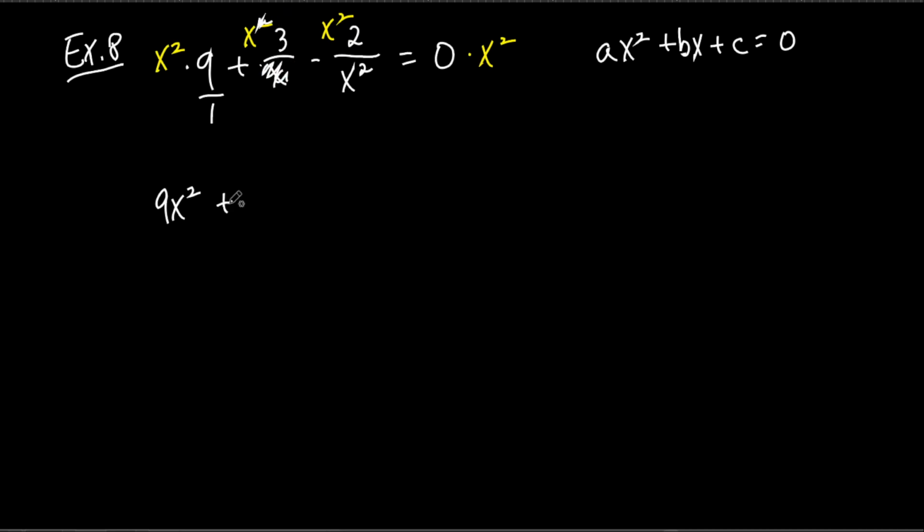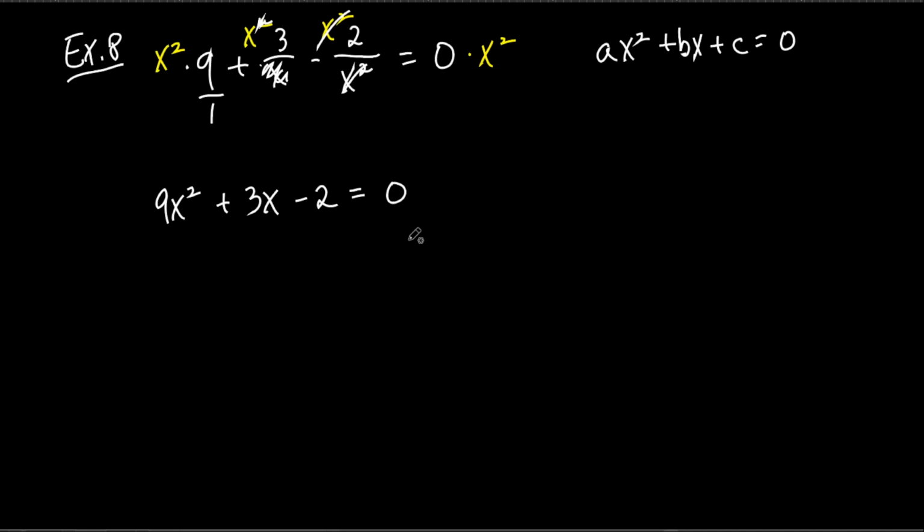Plus, always take that sign, plus 3x. Now it's starting to look a little more like what we're used to. What about here? The whole x squared is canceled. So what am I left with? Minus 2 equals 0. So we took something that looked really crazy and turned it into something a lot more manageable. Would you agree?